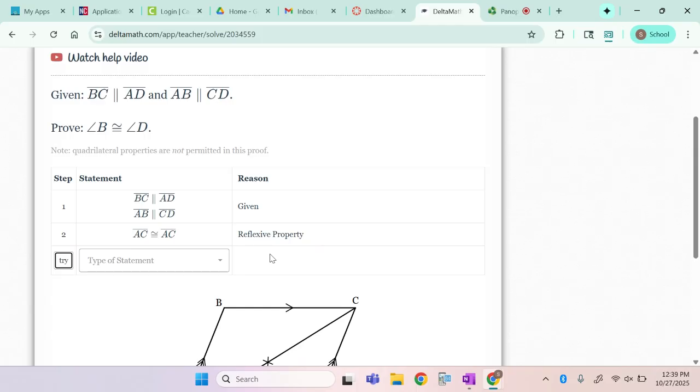Now, let's think about what they gave us originally. They told us that there are parallel lines here. Why do you think we'd want to know that the sides are parallel? What do we associate with parallel lines a lot? What are some things that relate to parallel lines? What theorems?